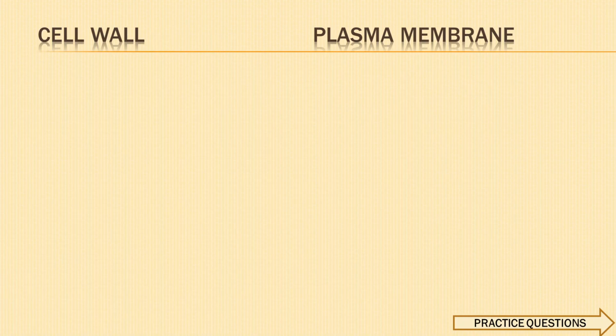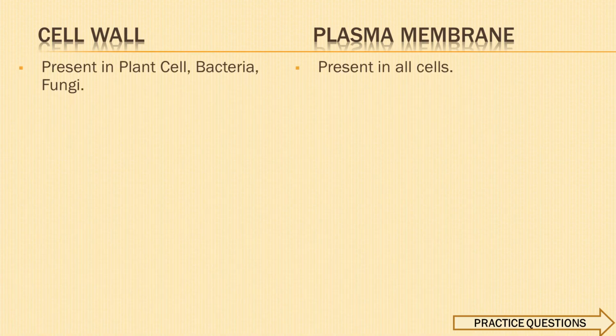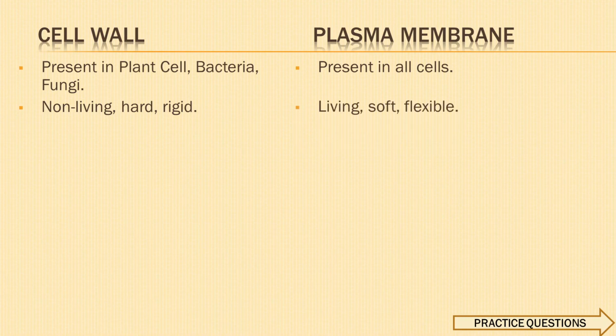Let us go through the comparison between cell wall and the plasma membrane. First, cell wall is present in plant cells, bacteria, fungi. Plasma membrane is present in all cells. Cell wall is non-living, hard and rigid, while plasma membrane is living, soft, flexible.